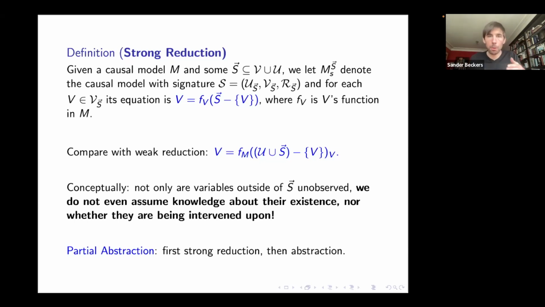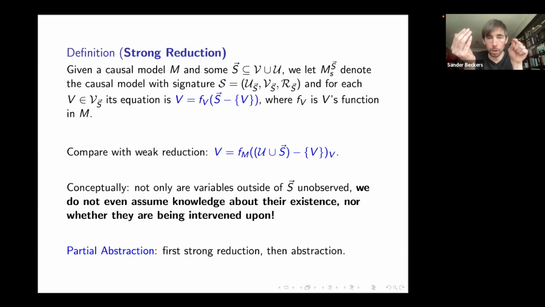So I define a strong reduction by simply considering a set of variables as before that you want to keep and getting rid of all the other variables. The difference here is that with weak reduction, we still made use of our FM, the entire causal model, meaning that all the functions were still playing a part. With the strong reduction, we're just going to use the original equation for the variable, and we're going to restrict the arguments to the variables that we're still concerned with.